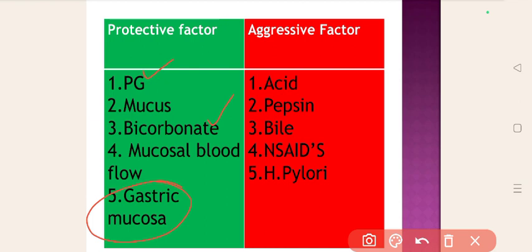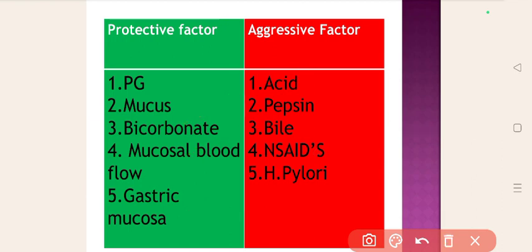And aggressive ones. Aggressive means they are responsible for the ulcers, like HCl, pepsin, bile acid, or drugs like NSAIDs, and microorganisms like H. pylori. These are the aggressive factors.